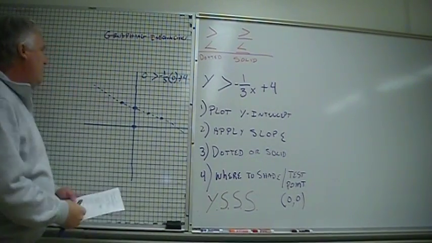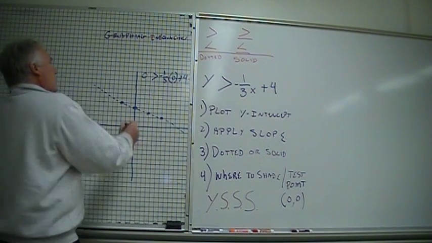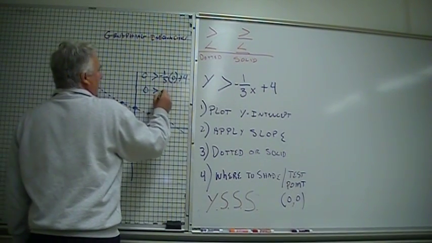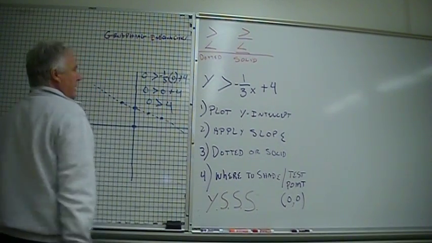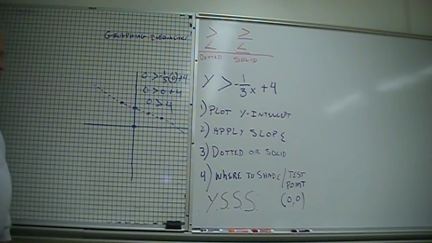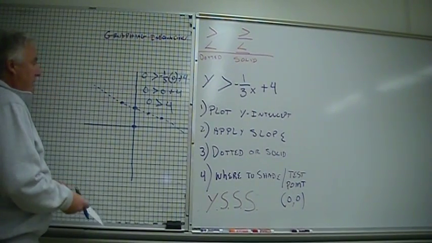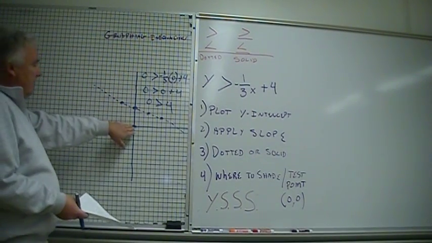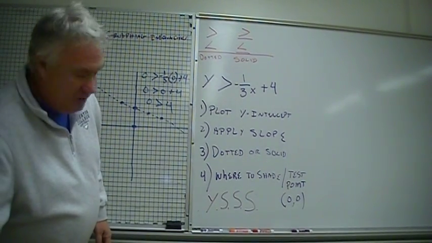So we substitute that point 0, 0 in for our x and y. So 0 is greater than 0 plus 4. 0 is greater than 4. Is that true or not? It's not true. 0 is not greater than 4. So 0, 0, this side does not fit our solution.